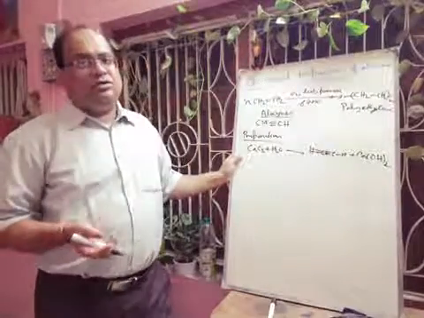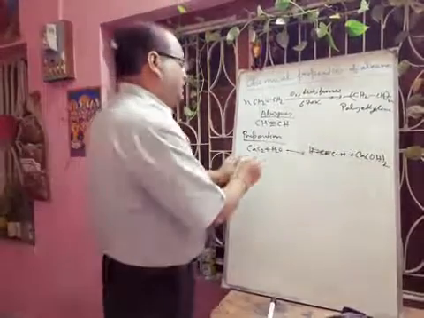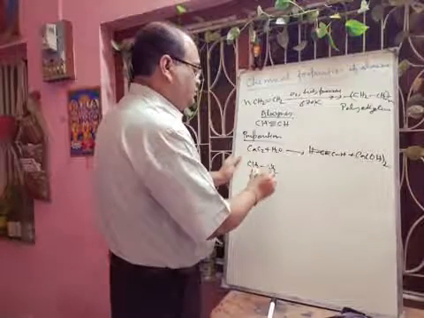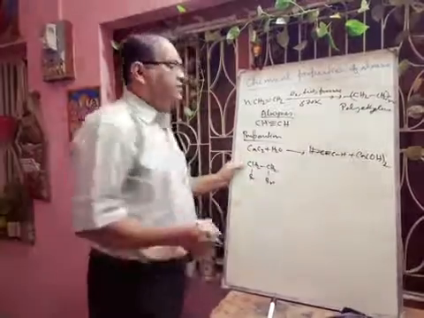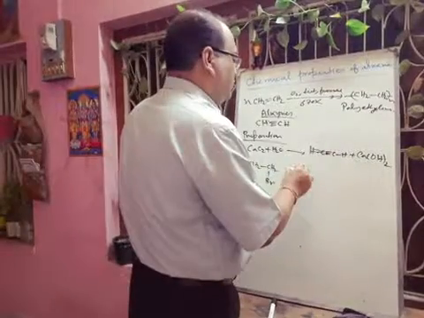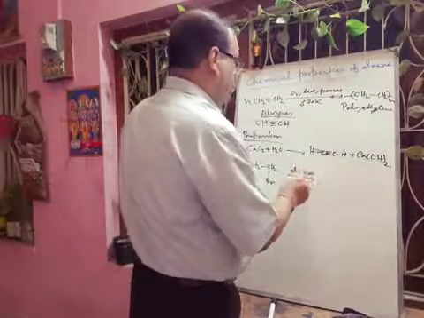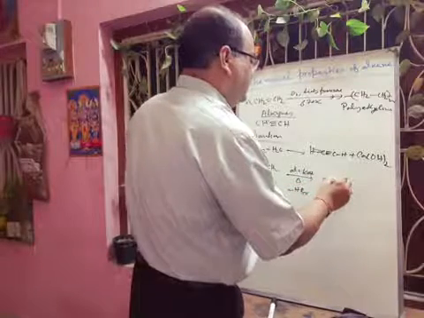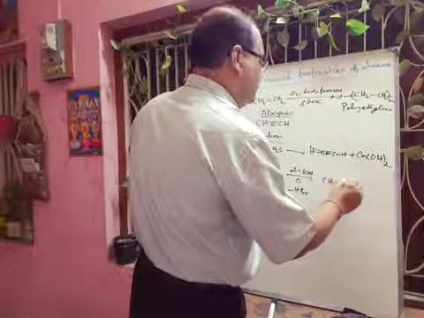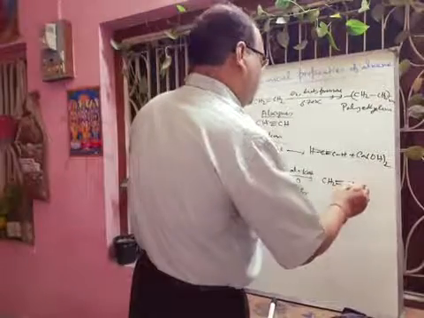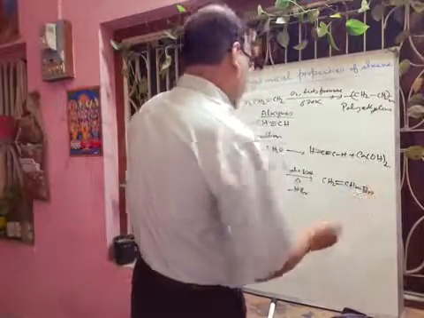And other methods are like you can take the CH2Br CH2Br, dibromoethane. Here first we have to use the alcoholic KOH. We know that alcoholic KOH will do the elimination reaction here, and there will be elimination of one HBr. You will get CH2 double bond CHBr.